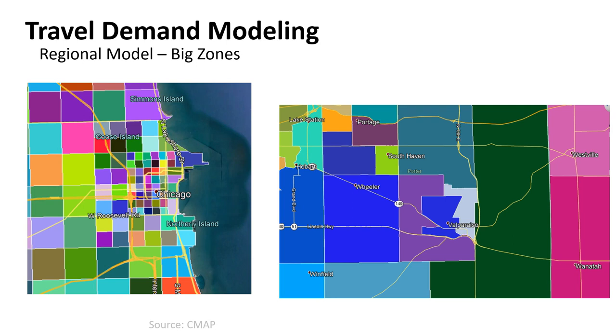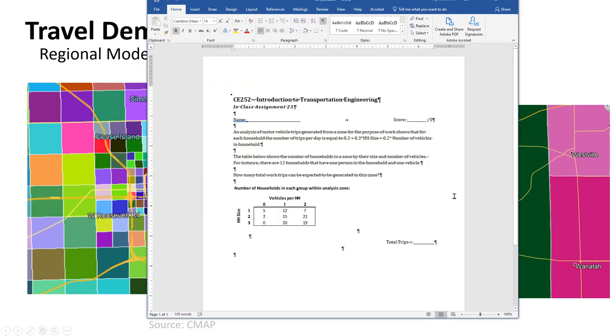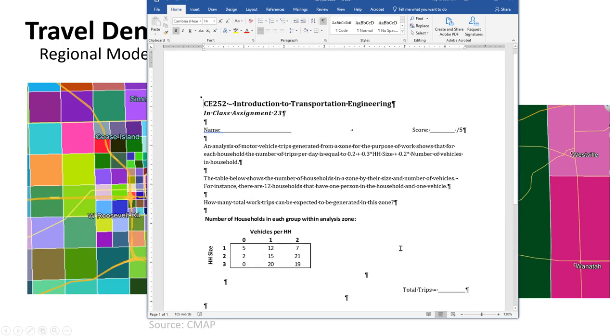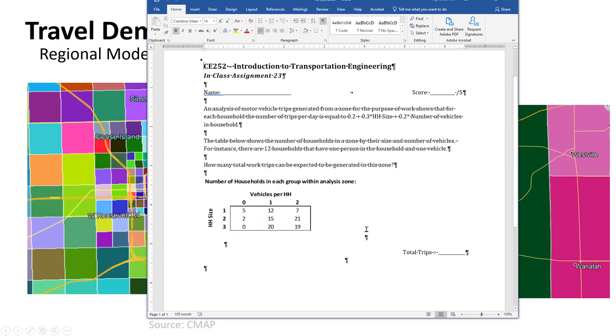In your ICA now, you have a little table. You'll be calculating what your travel demand models are, and I'll just give you some hints here since we're not in class. You're going to use that equation we just had: T is equal to B0 plus B1 times Z1 plus B2 times Z2.